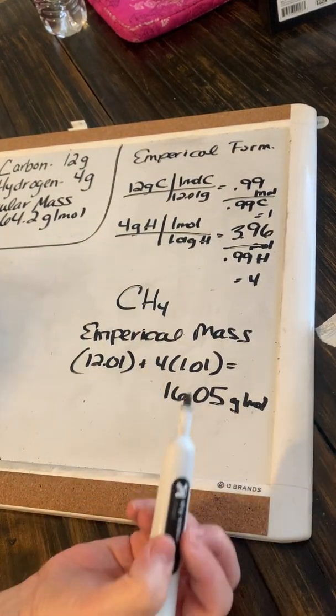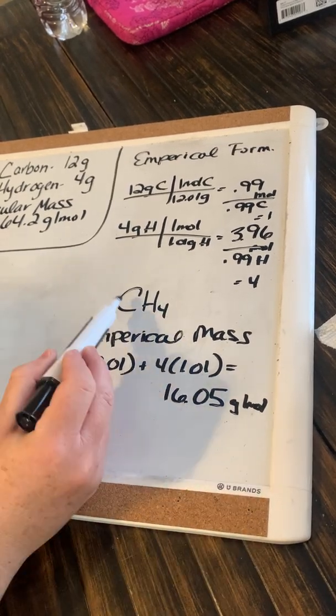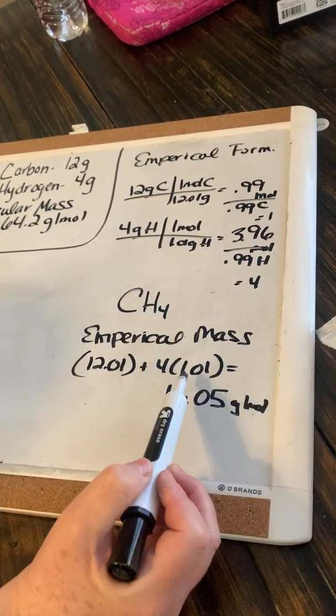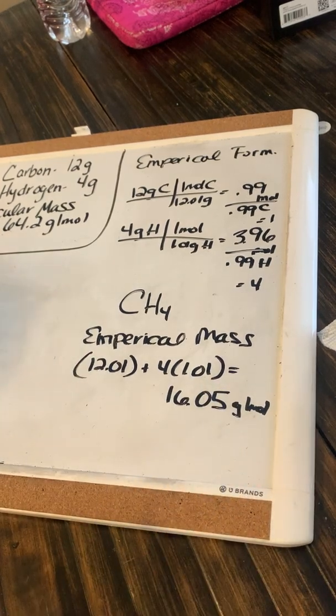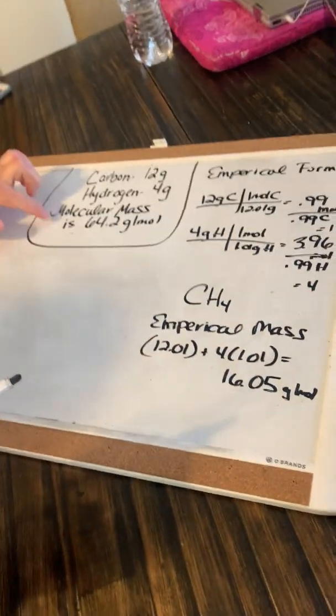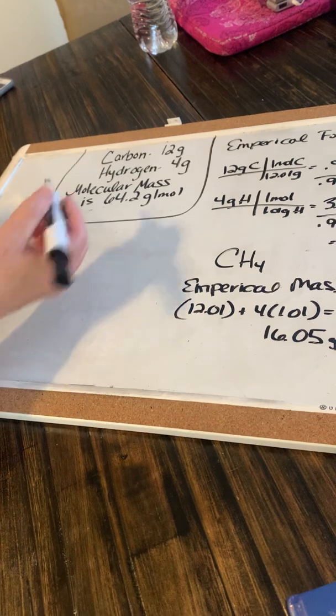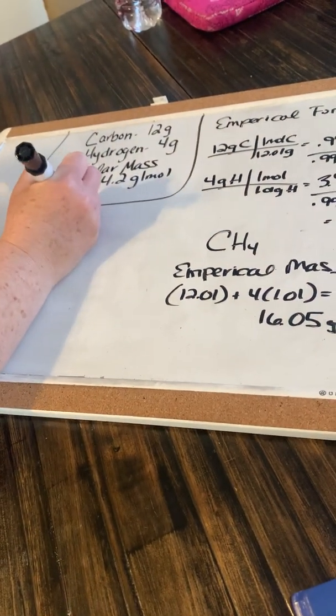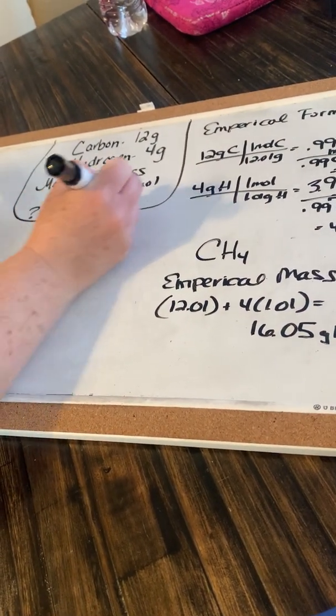Again, I took 12.01 for 1 carbon and 1.01 for hydrogen times 4, and you get about 16.05. Now, you were given molecular mass. So what you're looking for here, your question mark, is your molecular formula.